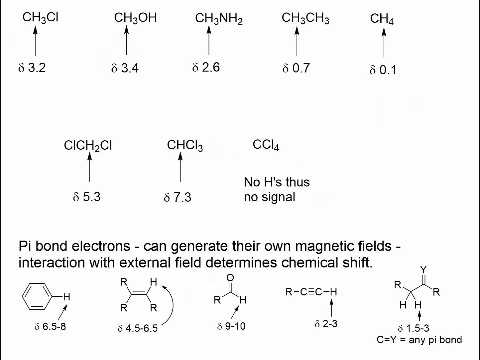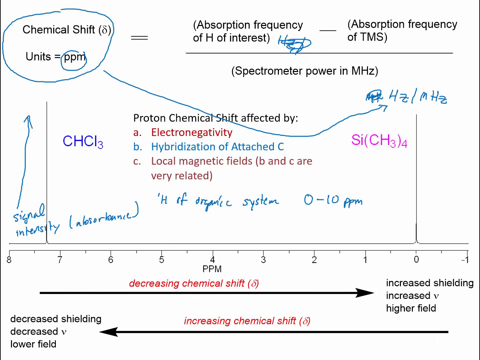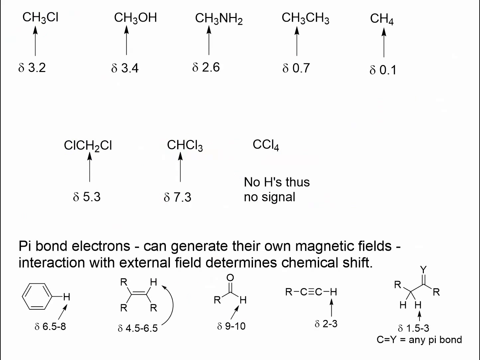Okay, so let's look at the primary effect on chemical shift, and that's electronegativity. All right, so let's look at some representative protons. Chloromethane is at 3.2, very similar to methanol. Hydrogens here. We'll talk about the alcohol hydrogen a little later, but these CH3 groups come at 3.4.